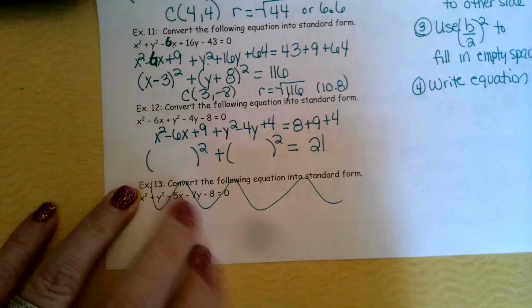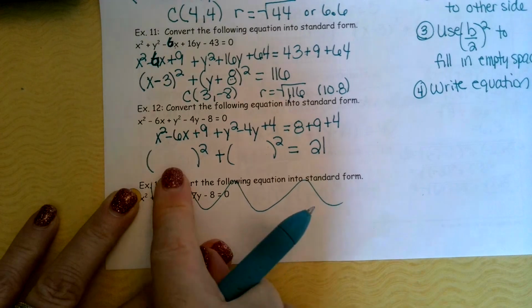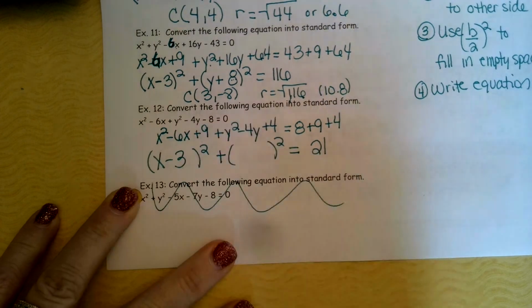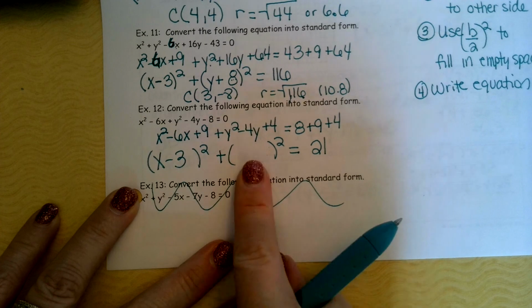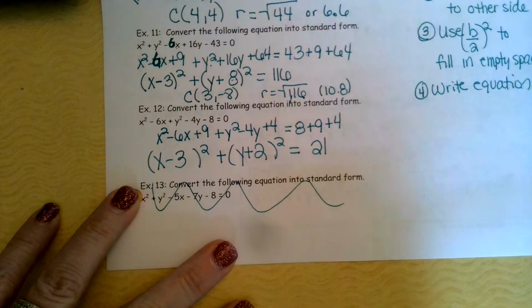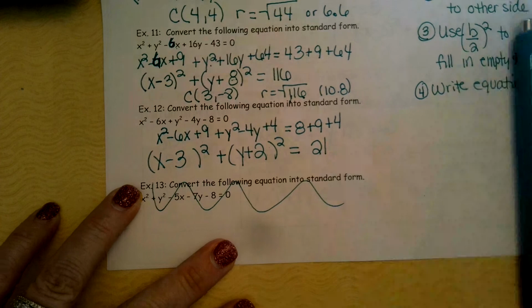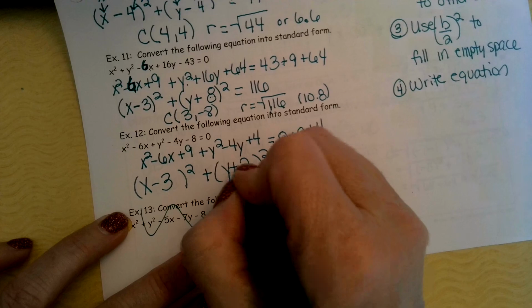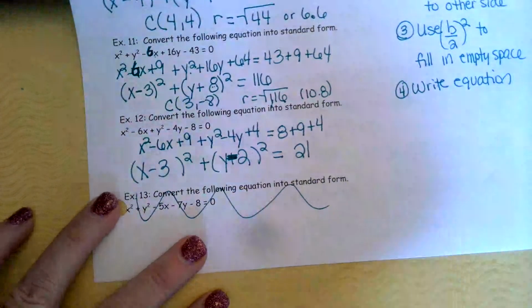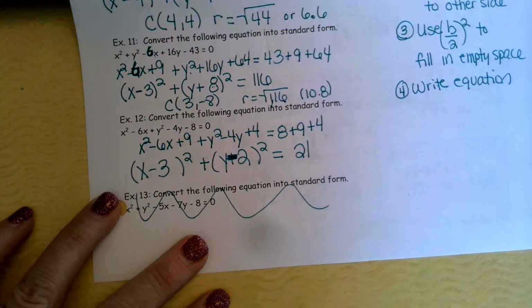My next question, what goes in here? If you said x minus 3, you got it right. My last question, what goes in here? If you said y minus 2, you got it right.